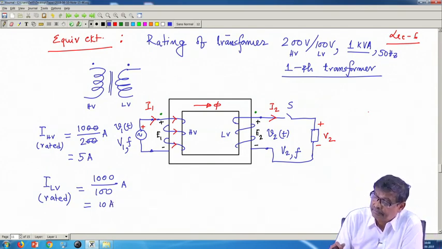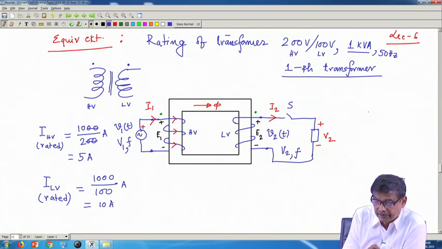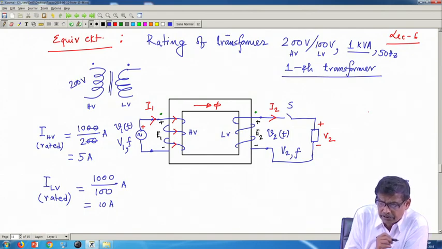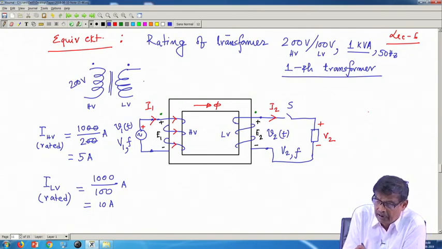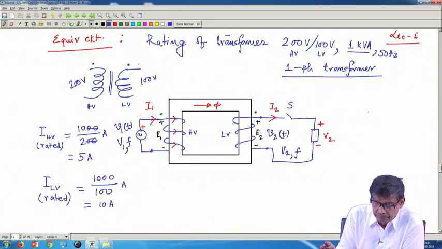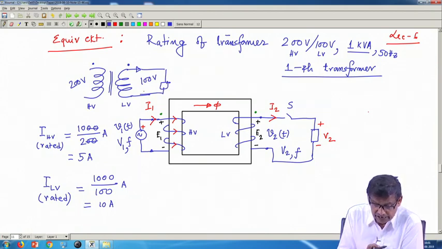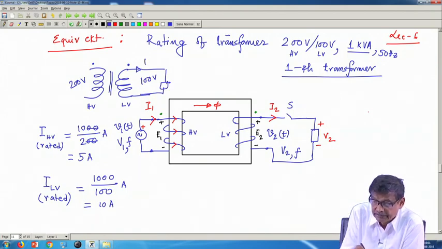So, the moment these ratings are known, I can draw this diagram and say that on the HV side you can apply a maximum of 200 volt, 50 hertz, and you will get 100 volt, 50 hertz here, and you are going to connect some load. But do not connect just any load; connect a load such that the current it delivers does not exceed 10 ampere.